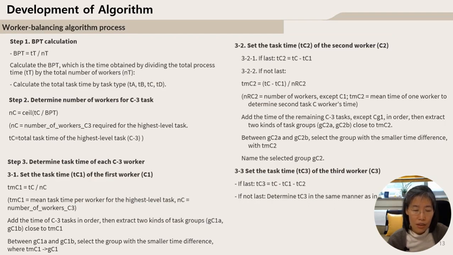Next is the detailed worker balancing algorithm process. In step 1, we calculated the wage pitch time, the time obtained by dividing the total process time by the total number of workers. In step 2, we determined the number of workers for C level 3 task. In step 3, we determined the task time of each C level 3 worker.